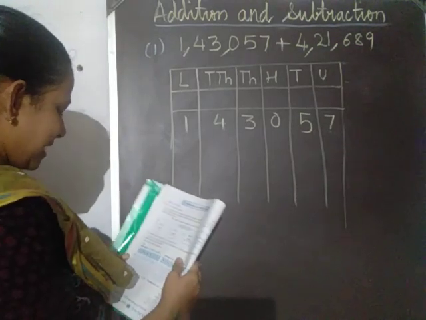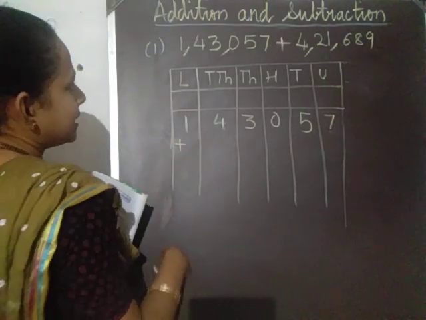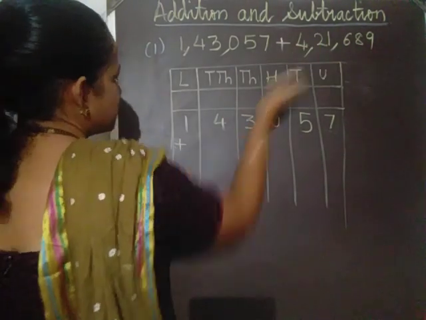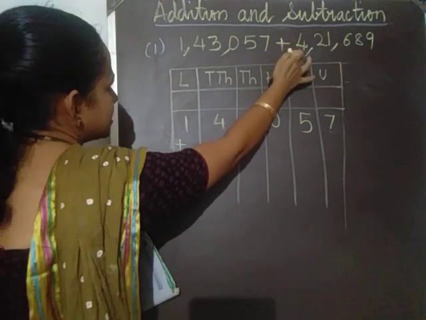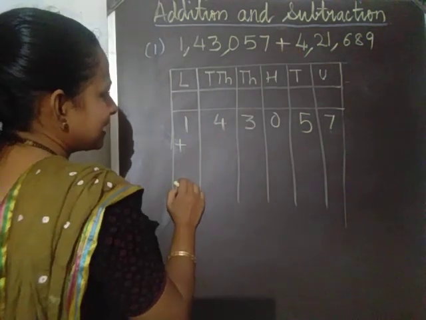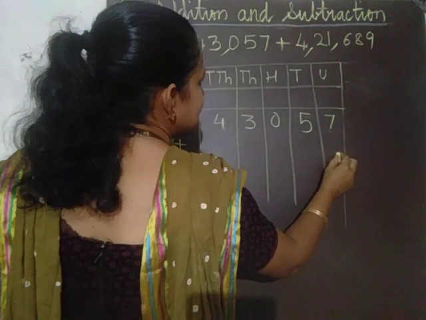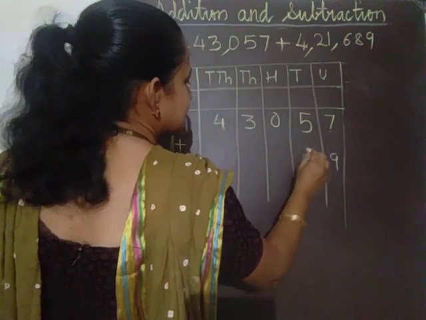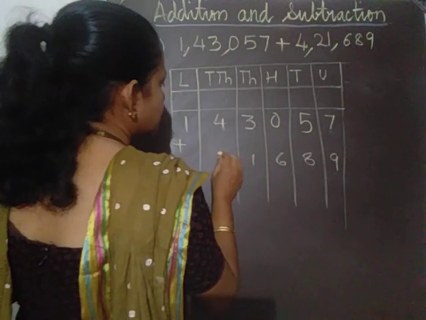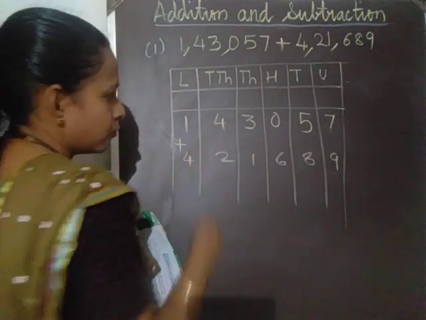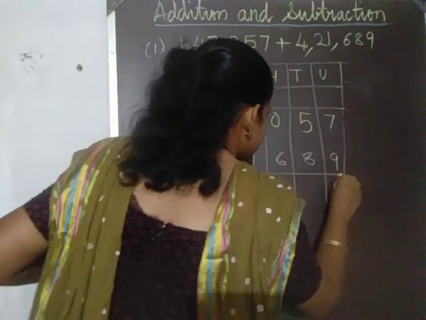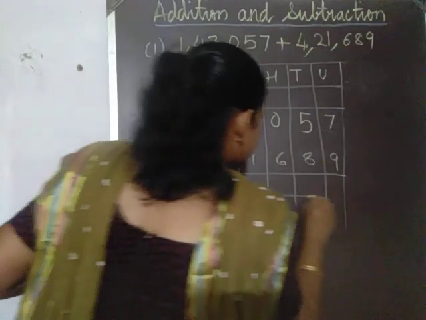Let us add them, the next number. This is also in lakhs place, so you can write directly here, or from behind you can start writing. That is, first one is 9, 8, 6, 1, 2 and 4. Now let us try to add the numbers.